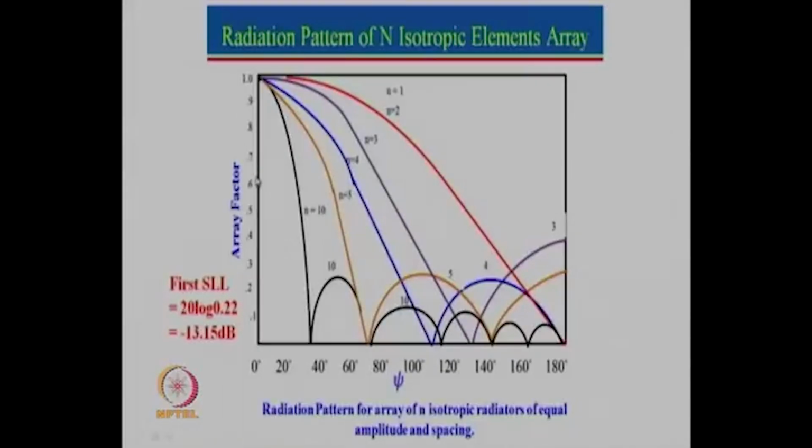if we look at the half power beam width, how do we define half power beam width? It is where the array factor is reduced from 1 to 1 by square root 2, which is approximately 0.707. So if we draw the horizontal line from here, we can see this is the half part. In fact, the other part will be symmetrical to this, which will go like this here.